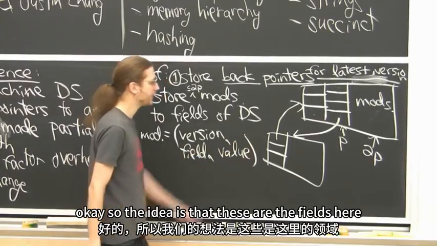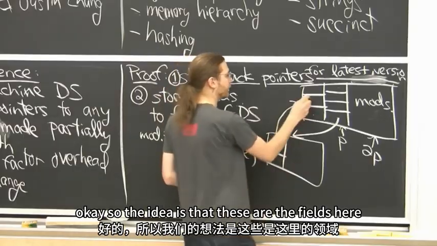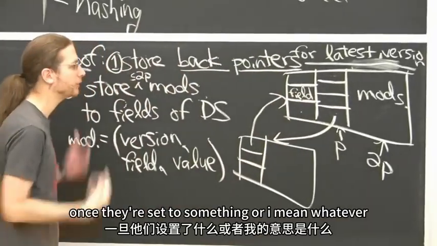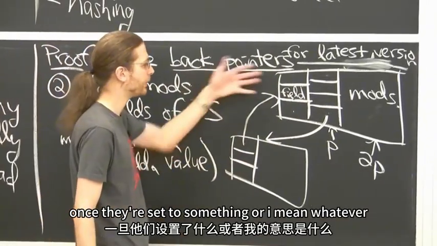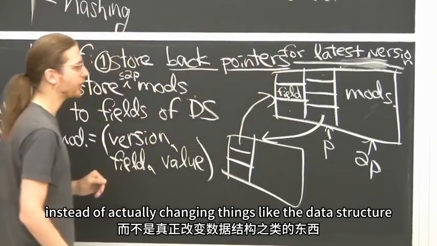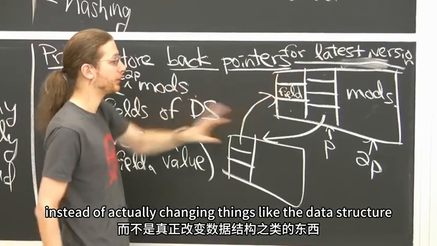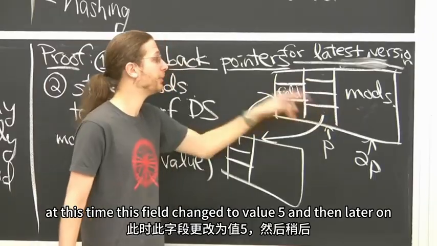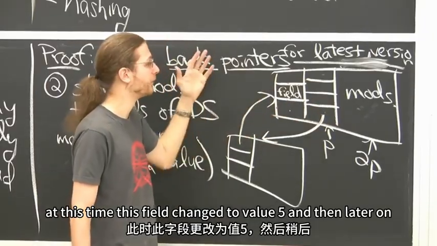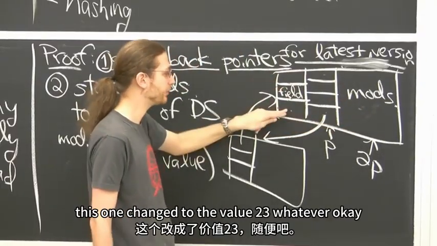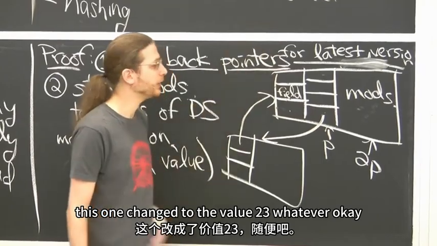Okay, so the idea is that these are the fields here. We're not going to touch those. Once they're set to something, whatever they are initially, they will stay that way. And so instead of actually changing things like the data structure normally would, we're just going to add modifications here to say, oh, well, at this time, this field changed to the value 5, and then later on, it changed to the value 7, and then later on, this one changed to the value 23, whatever.